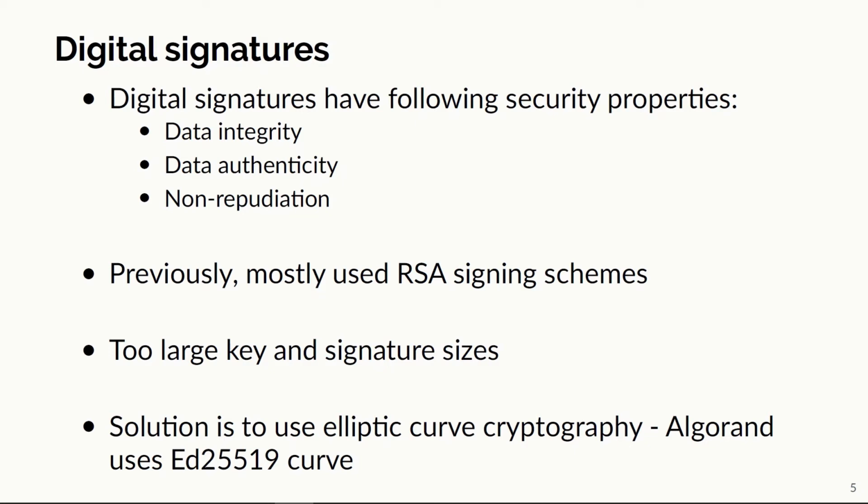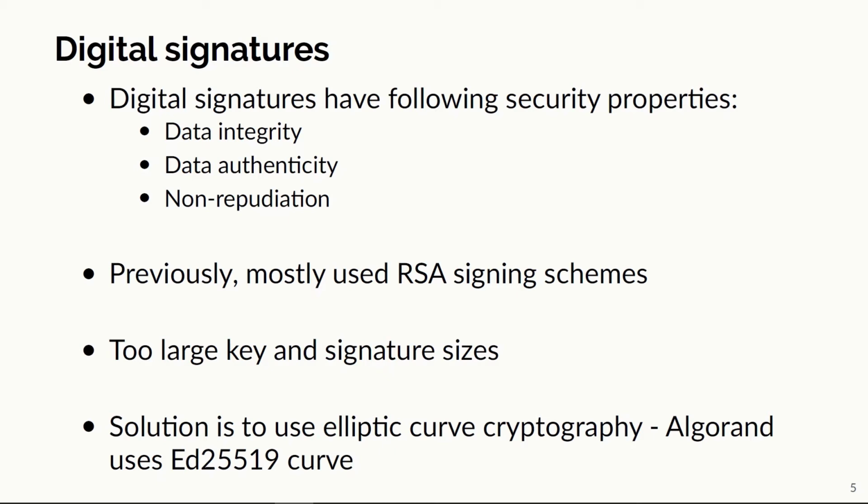If I create a transaction, sign it with my private key and share it with others, and someone would like to modify it, for example by changing how many algos I'm transferring from someone to someone, it's not possible, because the signature ensures the data integrity: no one can modify the data on its way.